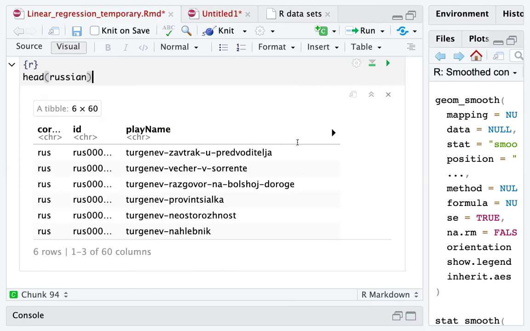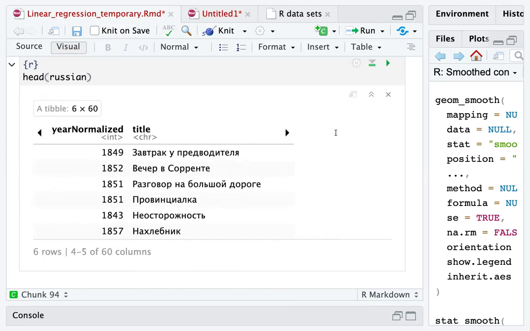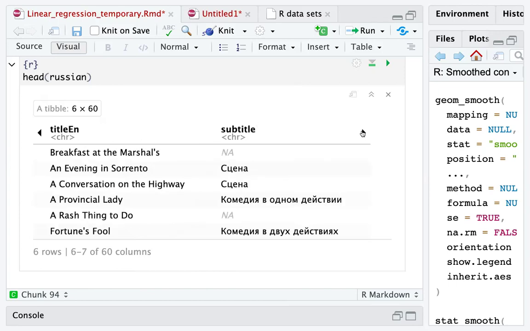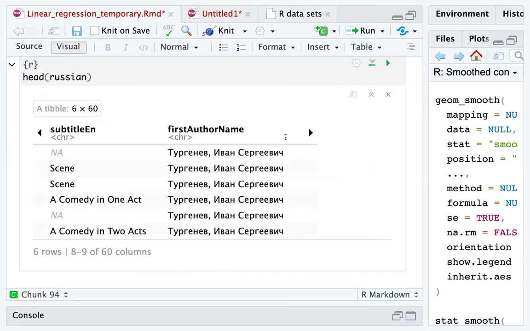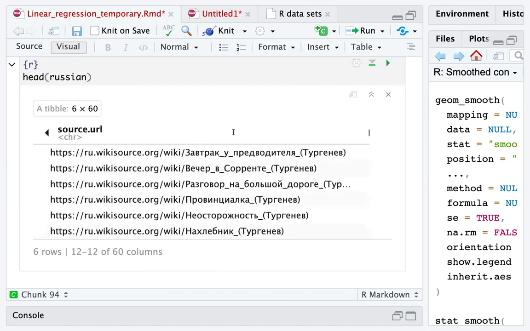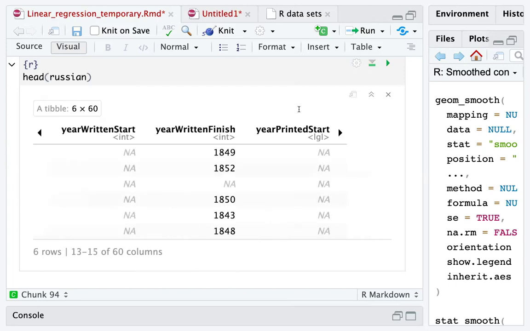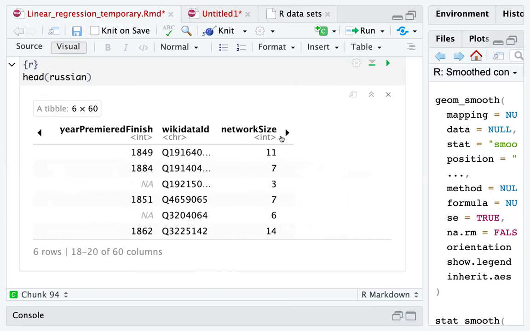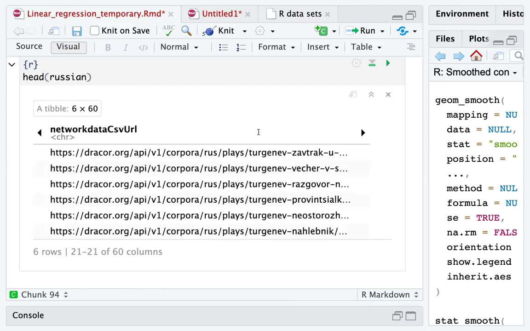There is the play name here, the year, when it was first, I guess, played, the title in Cyrillic, the title in English, the subtitles, the authors, Wikipedia source, and then there start to be some interesting statistics like the network size, which I don't know what it means actually.